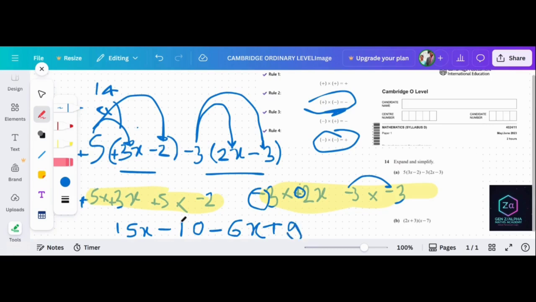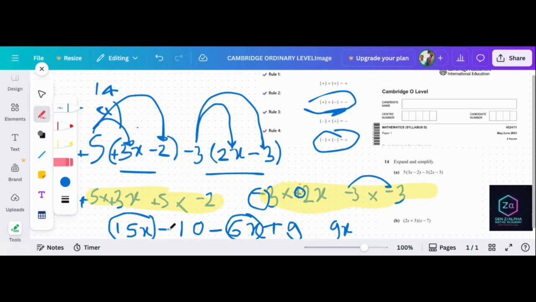Here we have to do another step. Check the terms and numbers. These terms have the same variables, x and x, and their coefficients are different, 15 and 6. But the variables are the same, so we can subtract 6x from plus 15x. The answer is 9x.